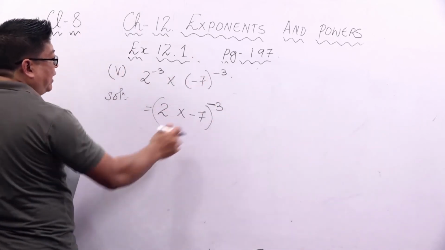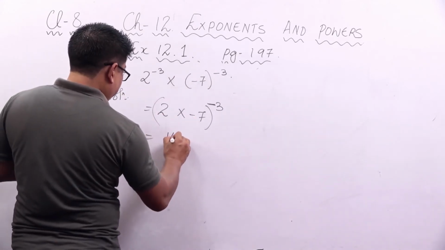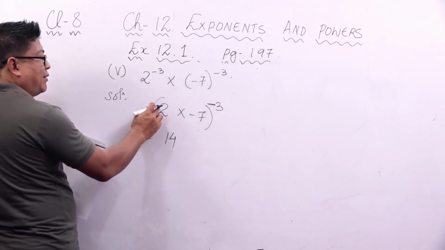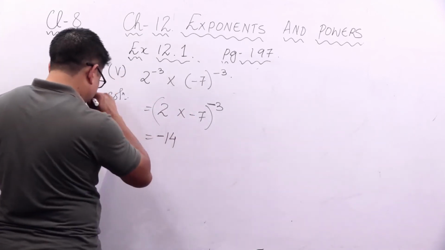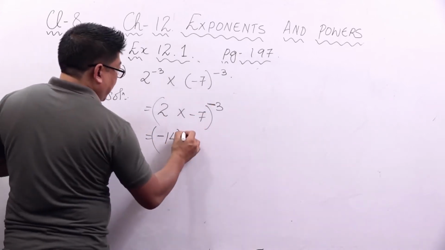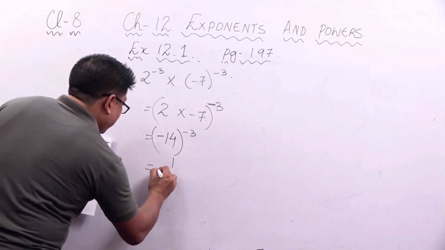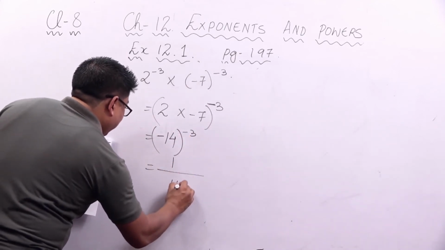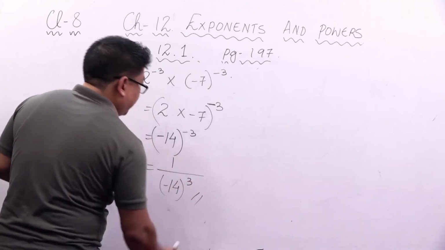So you multiply these two, 2 into 7 is 14. No sign is given means it is plus. Plus into minus is minus. Now minus 14 to the power minus 3. So to remove this minus from the exponent, I put 1 by, and then minus 14 to the power 3.